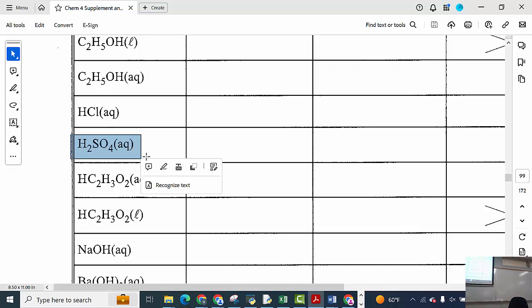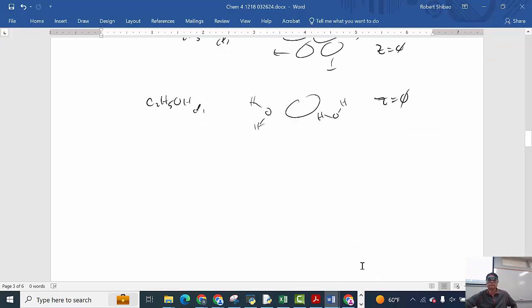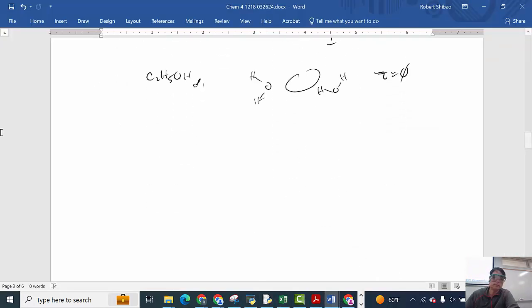All right, let's take a look at these two acids quick. HCl is soluble, so aqueous, and what does dissolve breaks up completely into the ions, H plus and Cl minus.